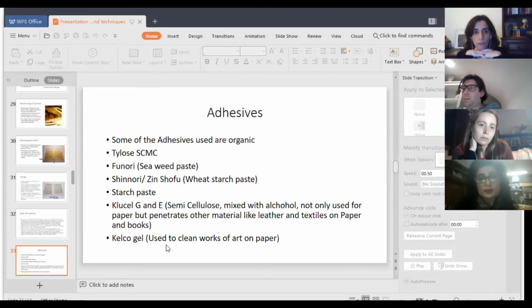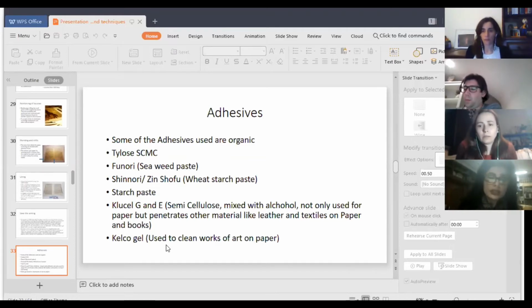It is an aged paste, it can go on for years and years. And then there is wheat starch paste, Klucel G and E. All these are out of the family of cellulose, because cellulose is the main ingredient of paper. And then there is Gellan gel, which is used to clean works of art on paper.